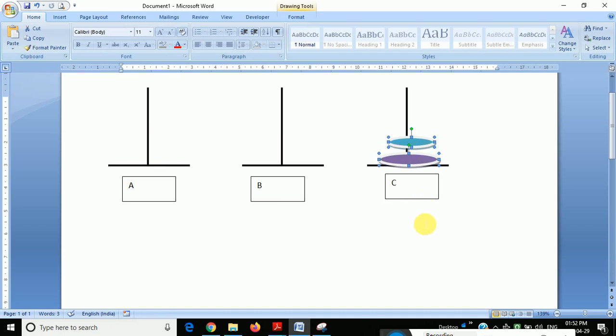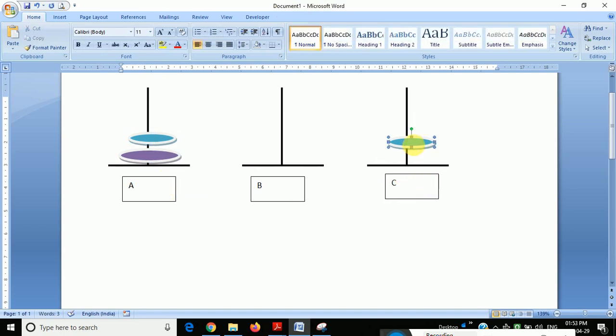But there are some conditions we have to apply. So what are the conditions? I'll just tell you the conditions. Now we have to move the disc from one rod to another rod once at a time.